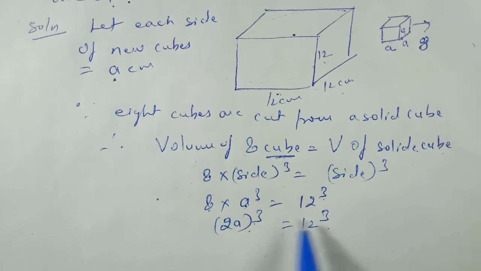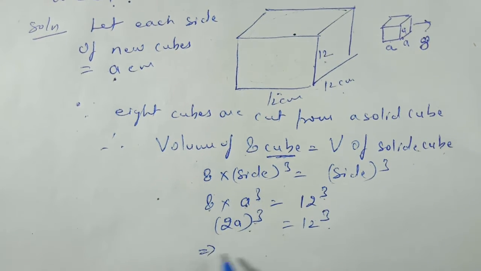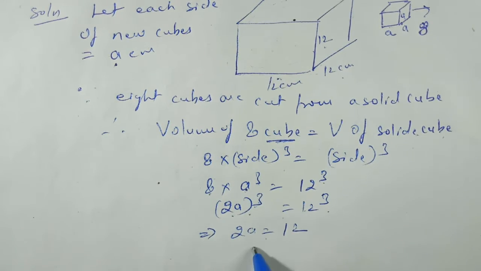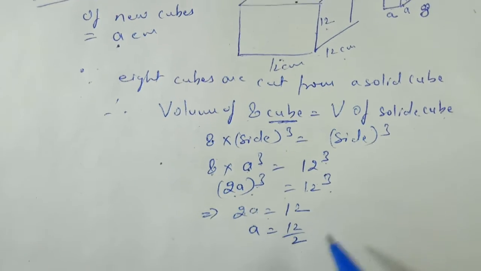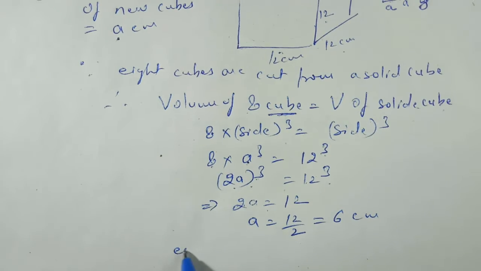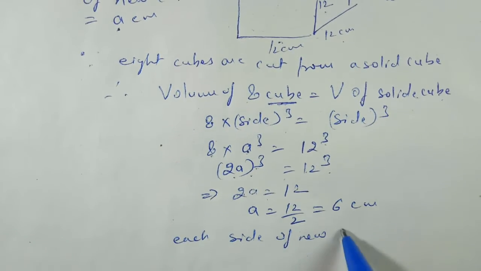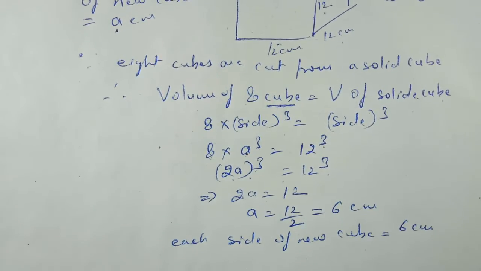Since on both sides we have cubes, the cube will be cancelled with the cube. So this implies that 2A is equal to 12. For finding the value of A, transpose the 2 to the other side, it will move to division. So it will give 12 divided by 2, which is 6. So each side of the new cube is equal to 6 centimeter.